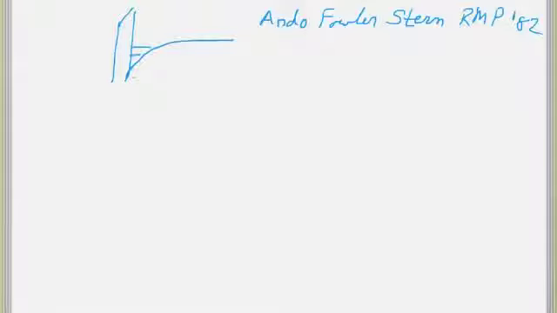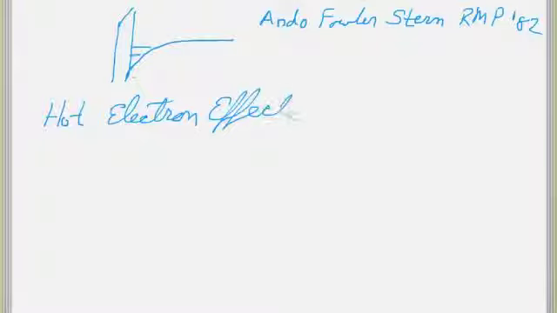The prevalent approach of the time, the hot research topic in the early 80s, was hot electron effects. And if you think about where we were in the 80s, we had a VDD of about 5 volts.